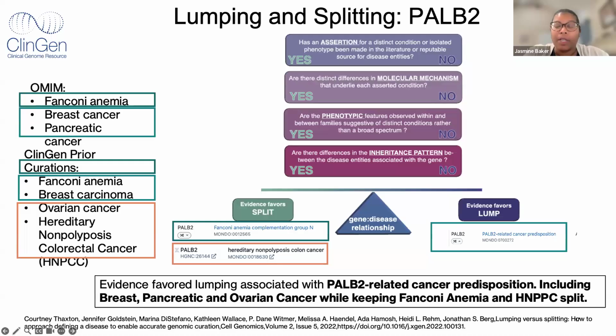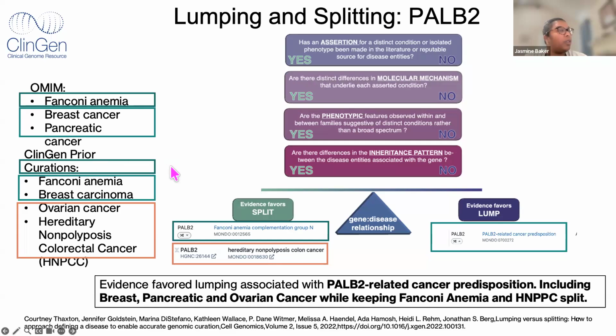So back to our lumping and splitting. If you can reframe your mind to that system, that workflow we talked about, this is what we did for that PALB2 example during the pre-curation. Our curator did the literature and presented everything. OMIM had Fanconi anemia, breast cancer, and pancreatic cancer listed as disease entities for PALB2.